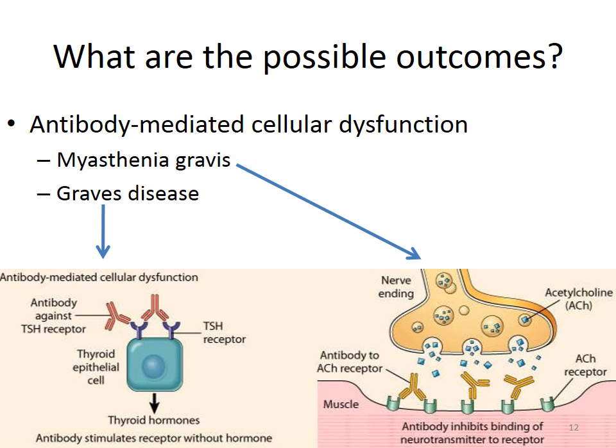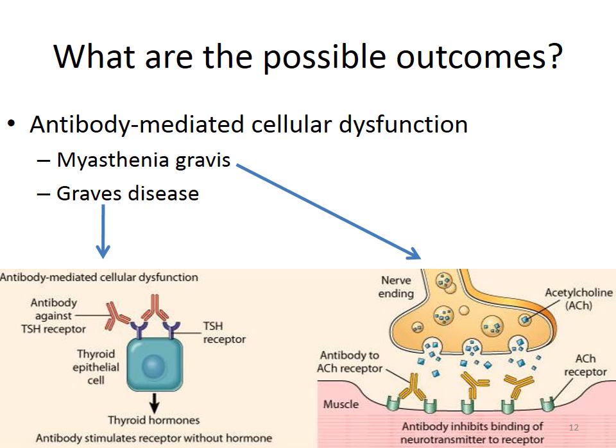Let's now turn our attention to a clinical example, and this will wrap up part 1 of this 2-part lecture. In this clinical example of type 2, we're going to look at 2 different diseases. The first one is Graves' disease.